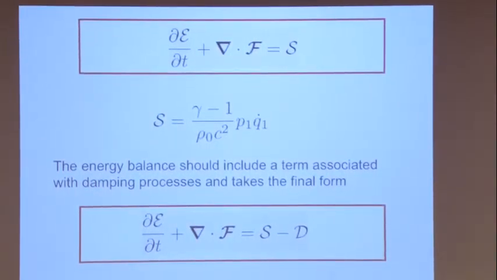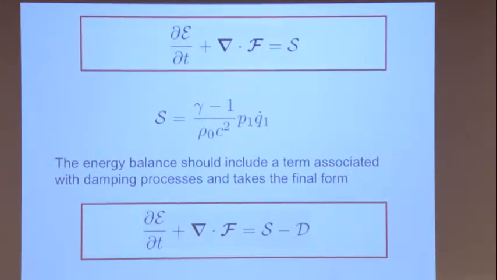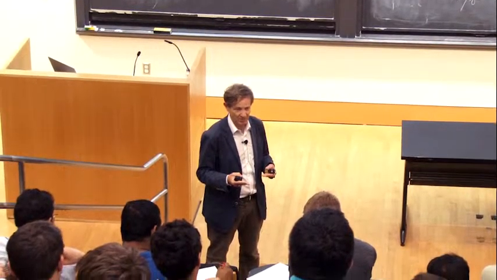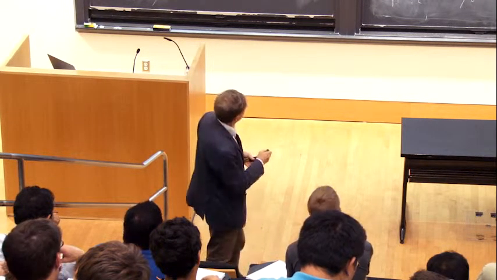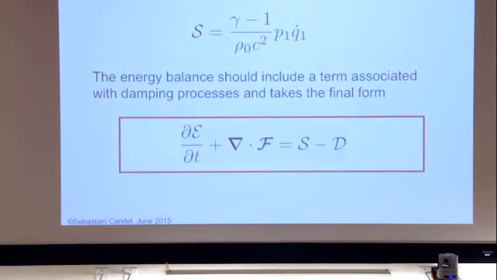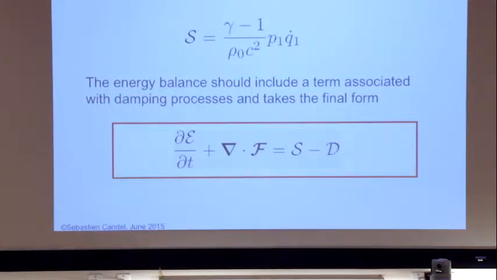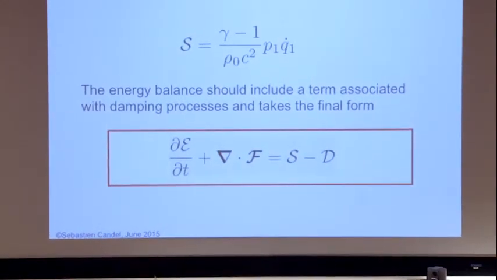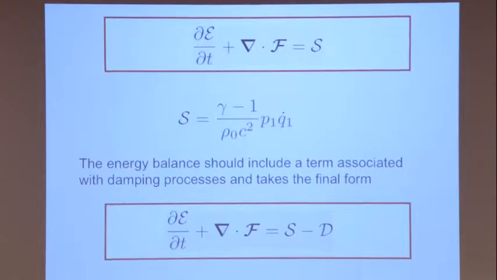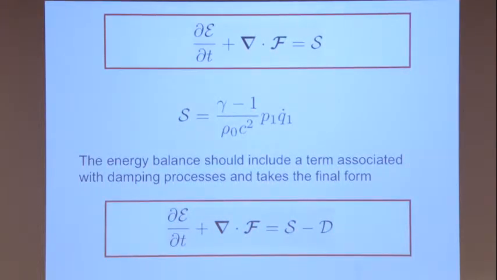I'll show that later. But it is difficult to know the value of damping, because if the source term is greater than the damping term, then this energy can increase, and if it's less than the damping, it will decrease.